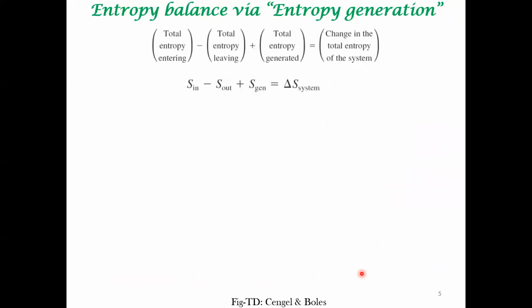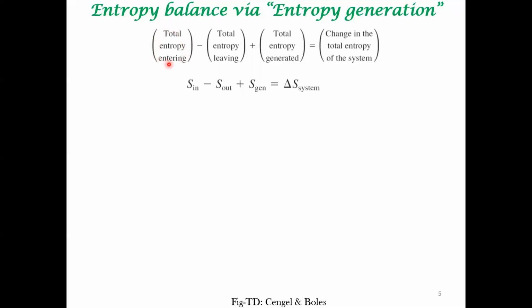Okay, so let's get back to entropy balance. Our objective was to write a balance equation. So this is a way of writing a balance equation facilitated by this term called entropy generation. So how are we writing this balance equation?